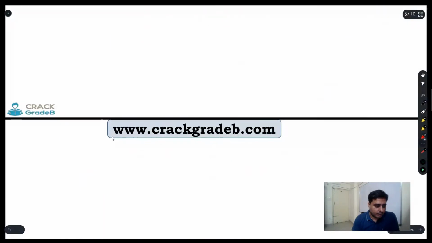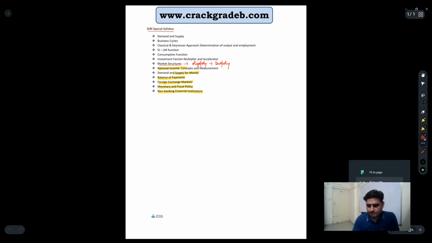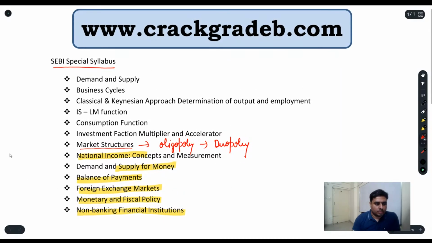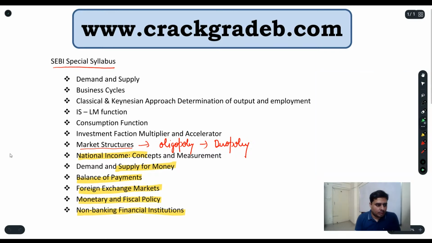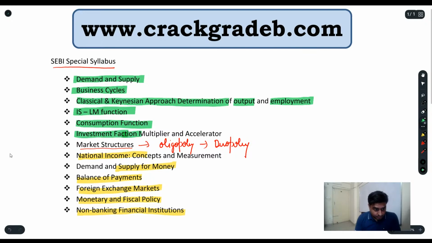Now, if we look at our syllabus, that is the SEBI specific syllabus: demand and supply, business cycle, classical and Keynesian approach to determine output and employment, IS-LM function, consumption function, investment function, multiplier and accelerator, market structure, right?